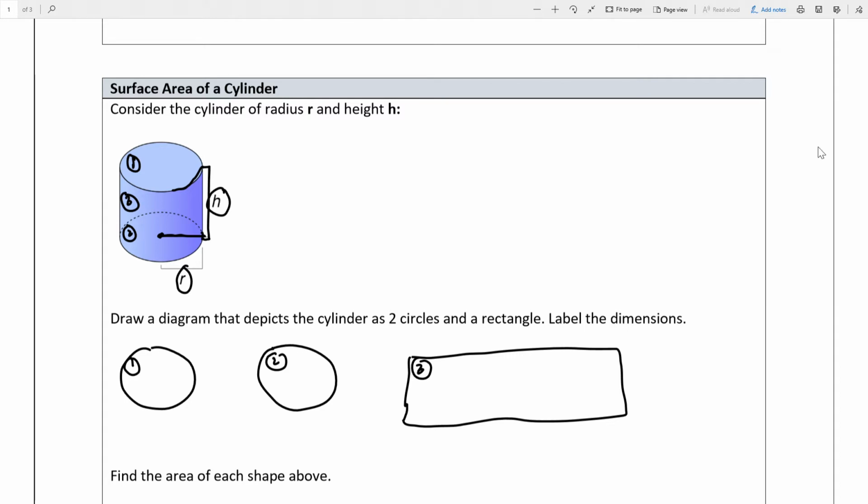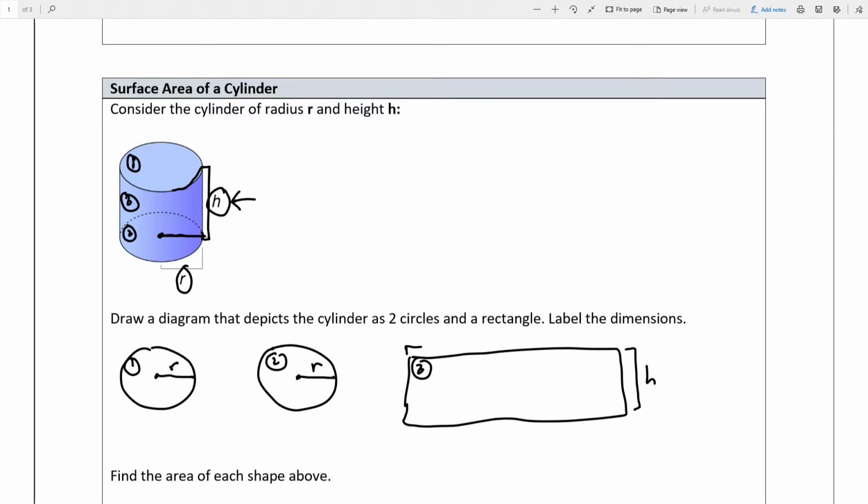Okay, and you also realize that the radius of each of the circles is going to be r. This is because the radius is r in our cylinder. And for the rectangle, you'll notice that the width of the rectangle is going to be h, because that corresponds with this h in the cylinder.